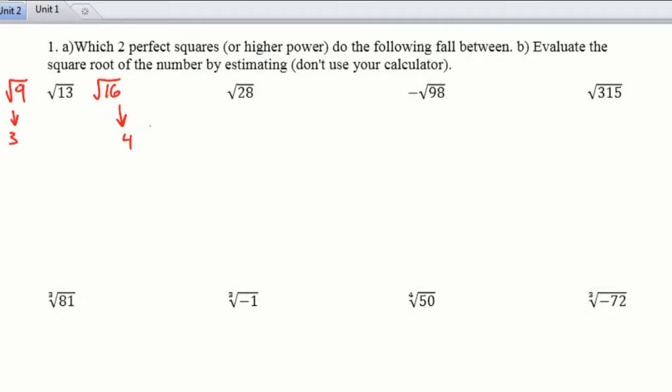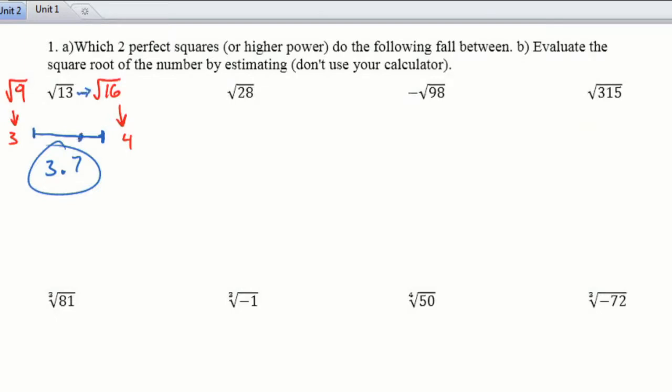So it's a little bit closer to the 4 end of things. If I were to estimate it, I would maybe go 3.7. That'd be a guess that I'd give, because I know it's somewhere between the 3 and the 4, and it's a little bit closer to this side.